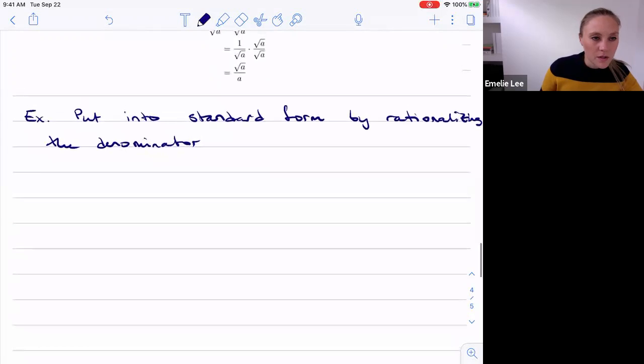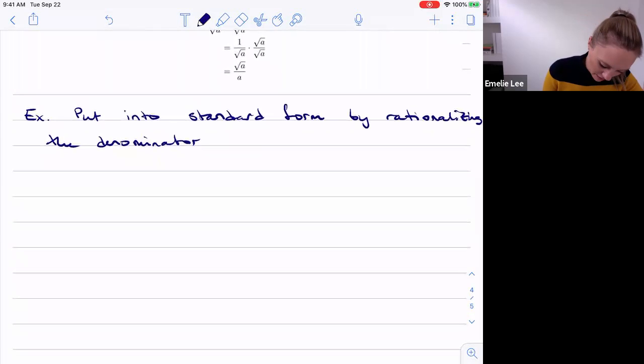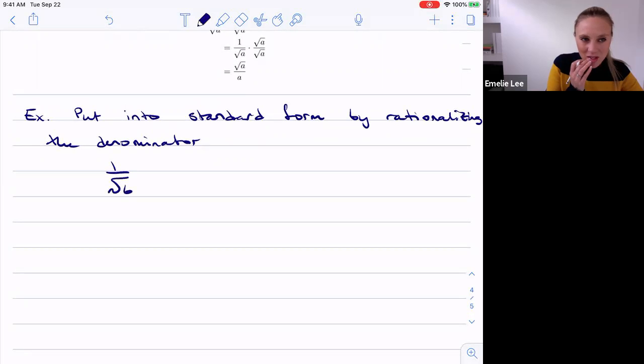Okay. So first we'll start with 1 over root 6. And then I want to do 12 over root 3.